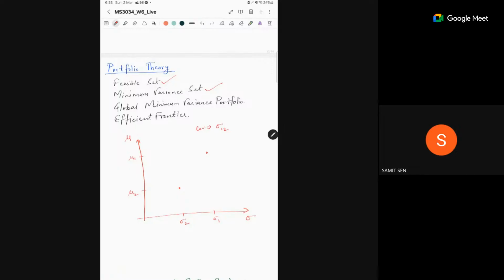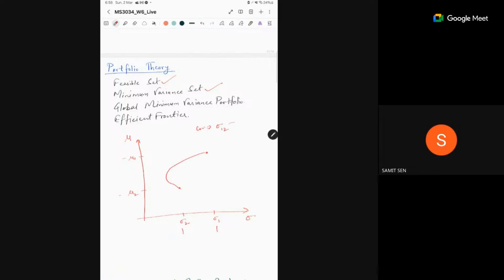If all these things are given to you, then if you go to that Rice Business School platform and give some values to mu1, mu2, sigma1, sigma2, and sigma12, you would get a curve like this.